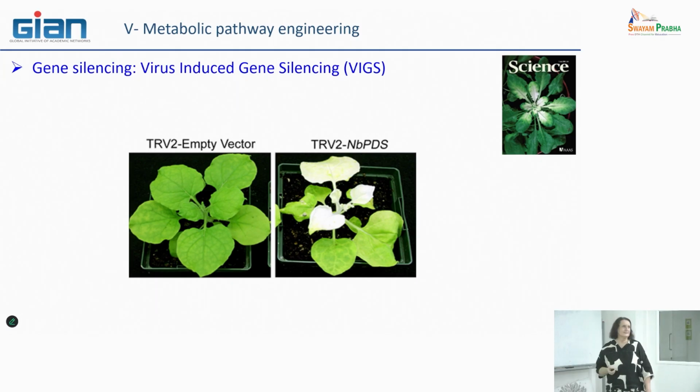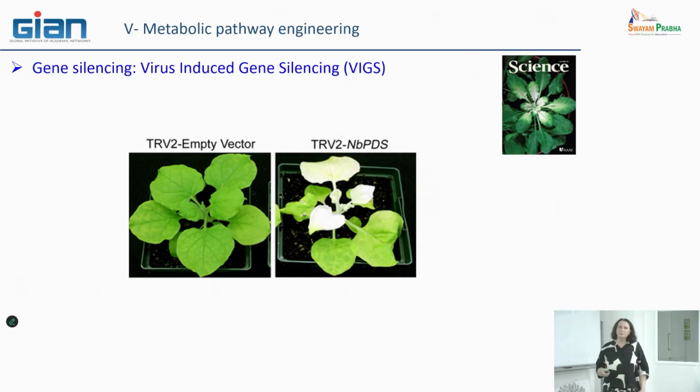And in this case, it was not induced by the classical transformation by agrobacterium, but it is induced by a virus. Okay. And so it concerns only transient transformation and not stable transformation.